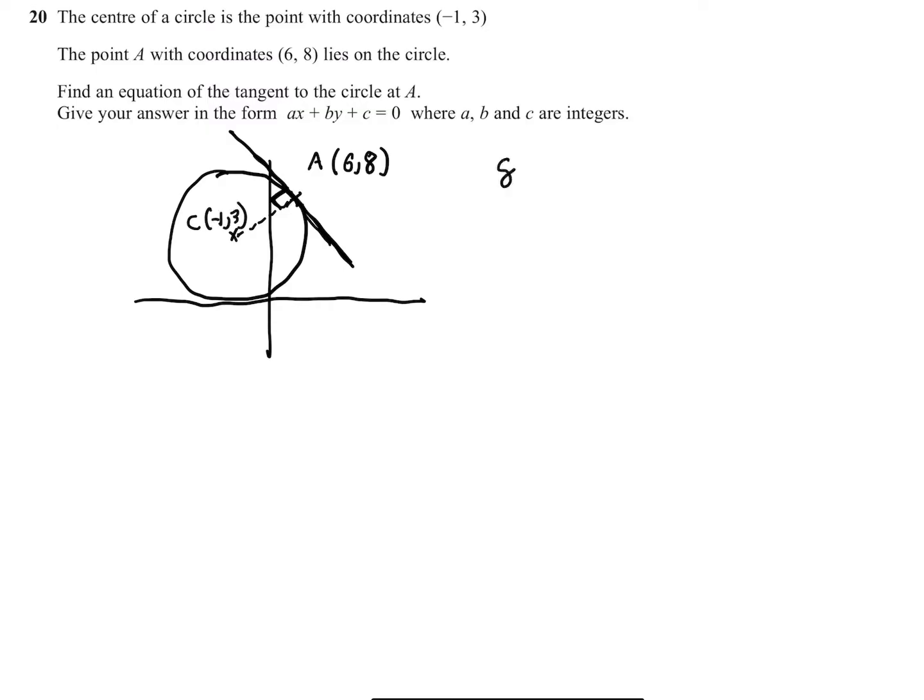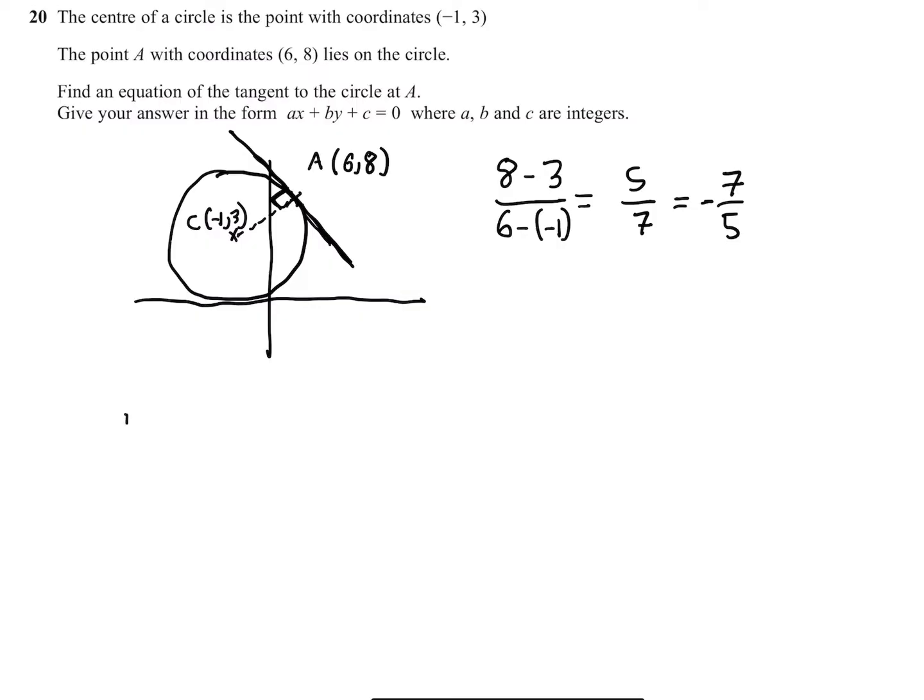It's the change in y, 8 minus 3, over the change in x, 6 minus 1, which is going to be 5 over 7. We're going to find the gradient of the tangent, which is going to be perpendicular to that. So it's going to be the negative reciprocal. So we put a minus and flip the fraction. So it's minus 7 over 5.